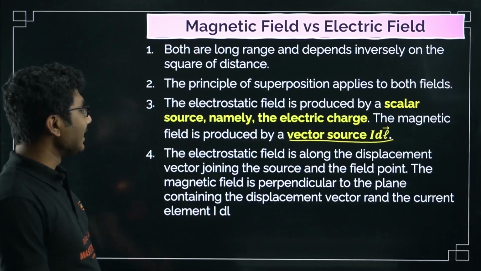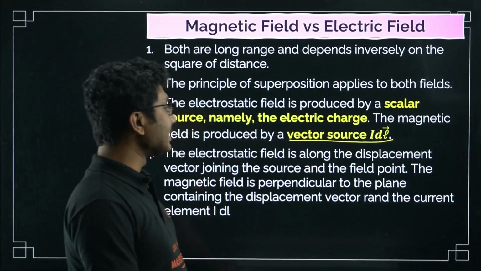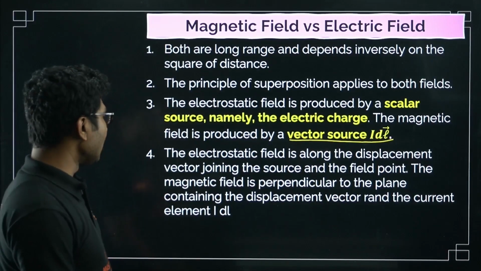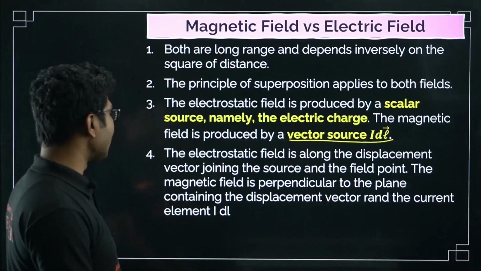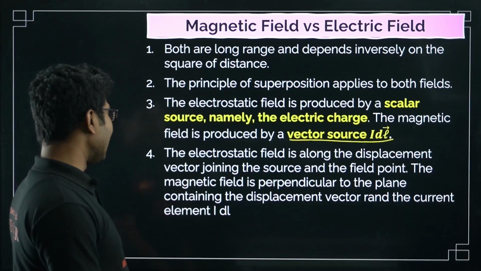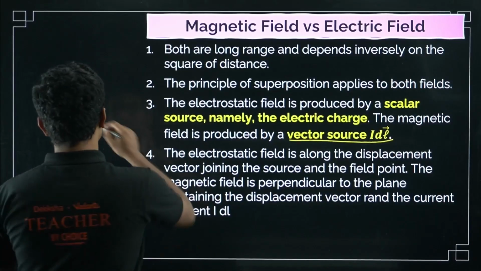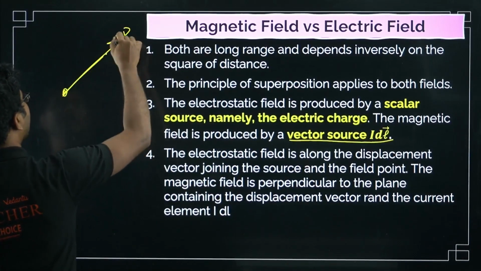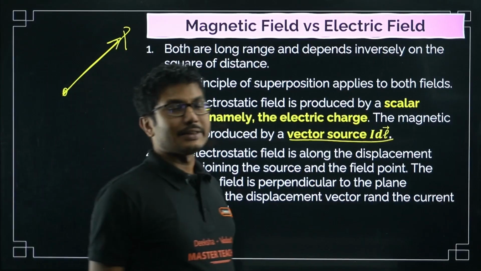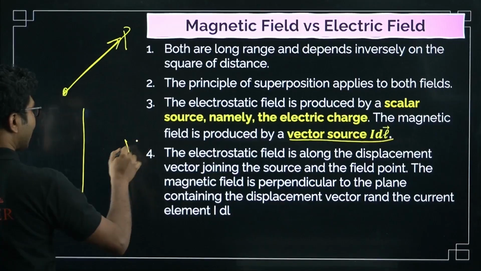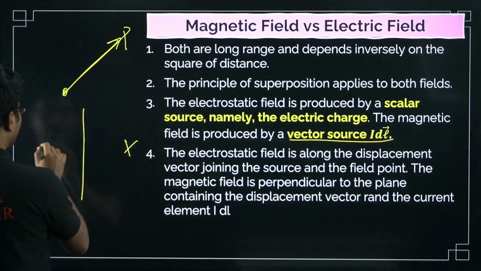Next, the electrostatic field is along the displacement vector joining the source and the field point. The magnetic field is perpendicular to the plane containing the displacement vector and the current element. So if you join the charge and the point of observation, you get the direction of the electric field. Whereas in the case of a current element, the magnetic field is perpendicular, either into the page or out of the page.